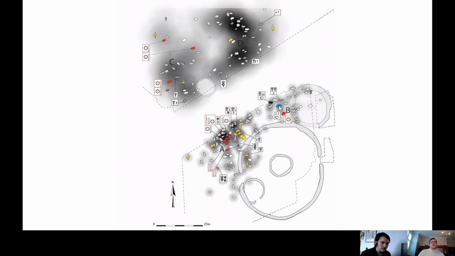But 77 hasn't got weapons in it at all. It's got a whetstone and a pair of tongs, and a pot. So artifacts that are more associated with metalworking than with that sort of martial masculinity that we can see in the multiple generations of male burials in the centre of A. So that suggests to me that West Hazleton here has got one core wealthy Anglo-Saxon family, and then lots and lots of different communities associated with that are supporting them.